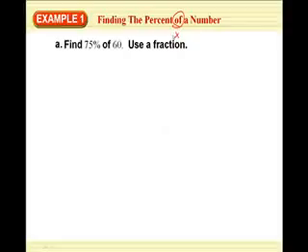So in this statement, when it says find 75% of 60, 75% is a very common fraction, and it's a pretty easy fraction to remember. That's 3/4. Of means to multiply, and then you can take it times 60.